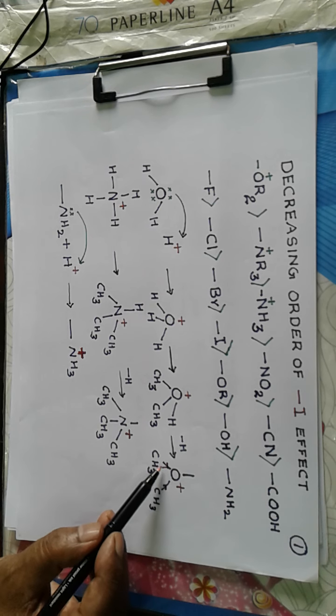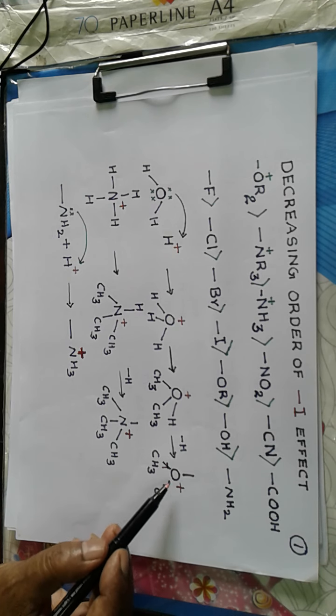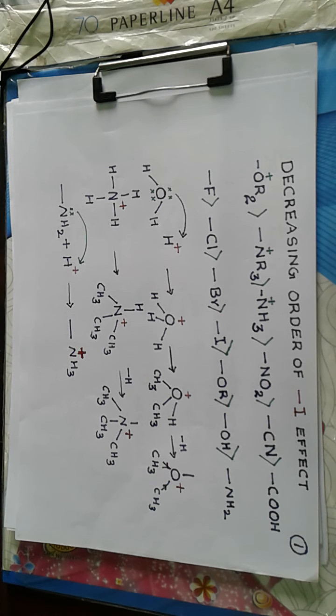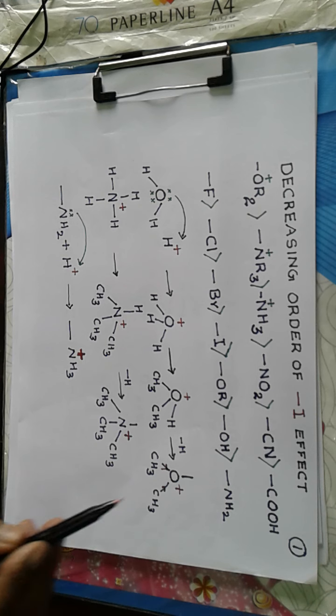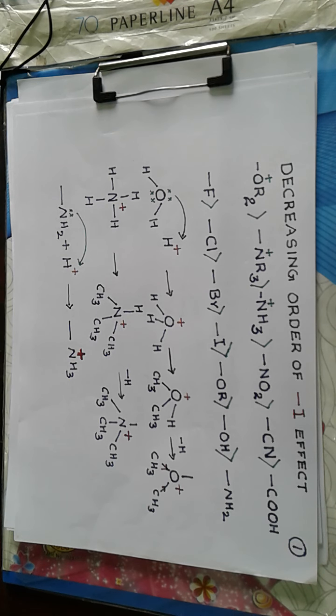When electron pair approaches O positive, its positive charge is partly neutralized. When two methyl groups push the electron density towards O positive, its positive charge is partly neutralized. Still, there is an appreciable amount of positive charge over the oxygen atom, and so it shows maximum electron withdrawing effect.